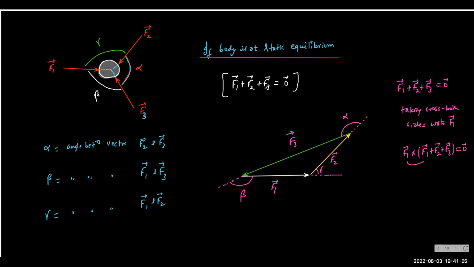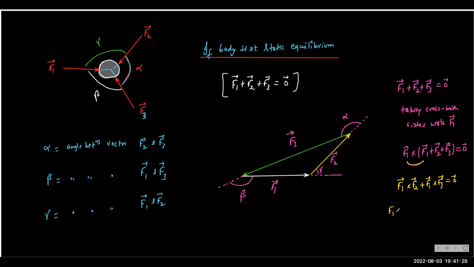F1 cross F1 will be how much, guys? Tell me. The cross product of the same vector always gives 0. So F1 cross F1 will be 0. So that term is gone. What we are left with is F1 cross F2 plus F1 cross F3, which is 0.